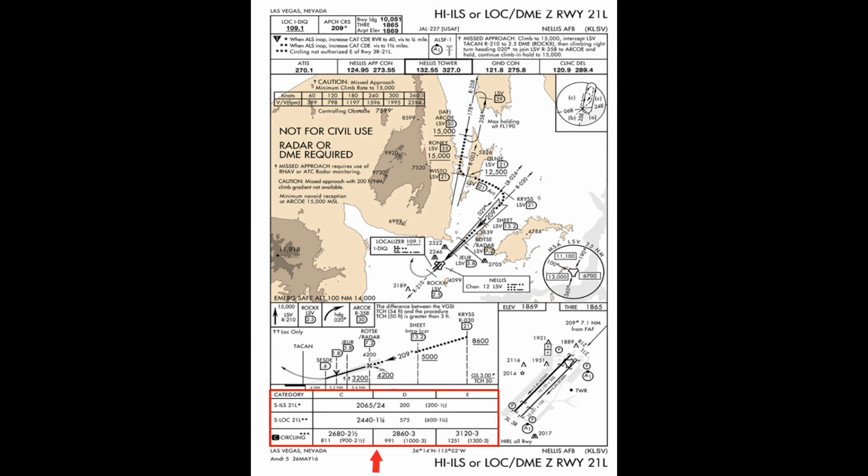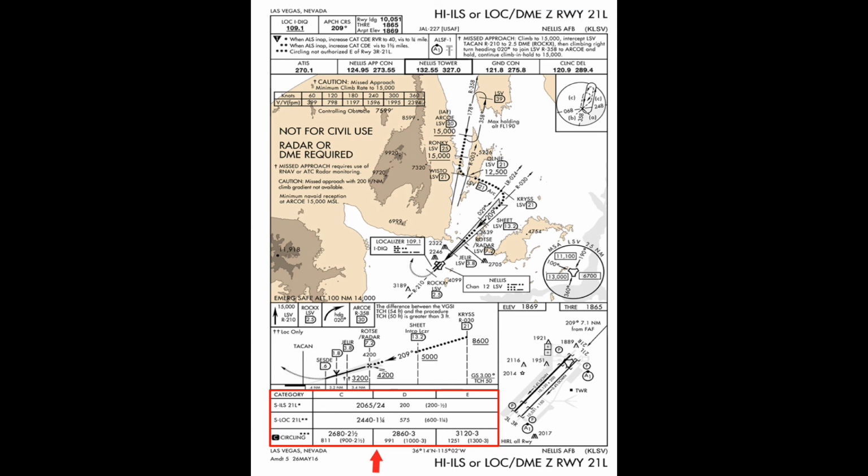If not, then you will execute a missed approach and go around and go back to the beginning of the approach. This is mostly due to the fact that if you do not have visual on the runway, the ILS system in these jets is not accurate enough to get you completely down without having any kind of visual indication of the runway or having any idea where it is.